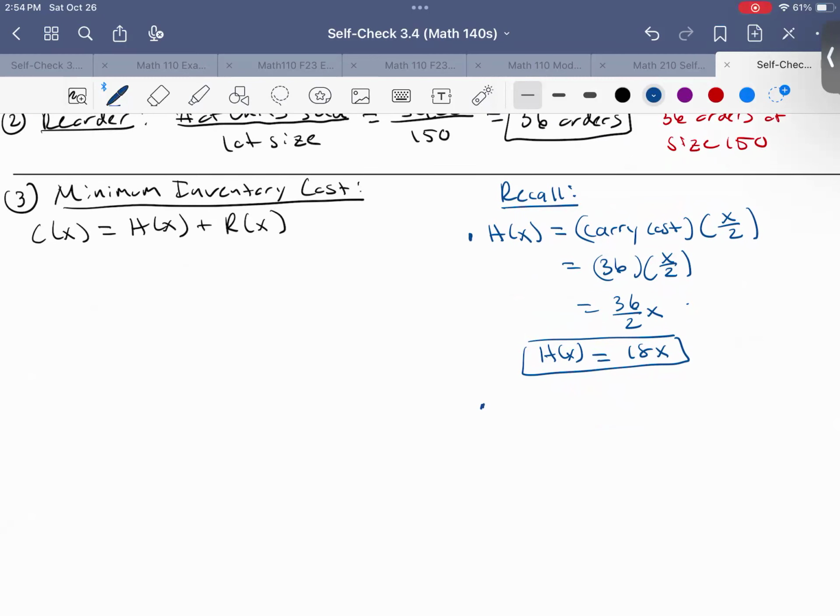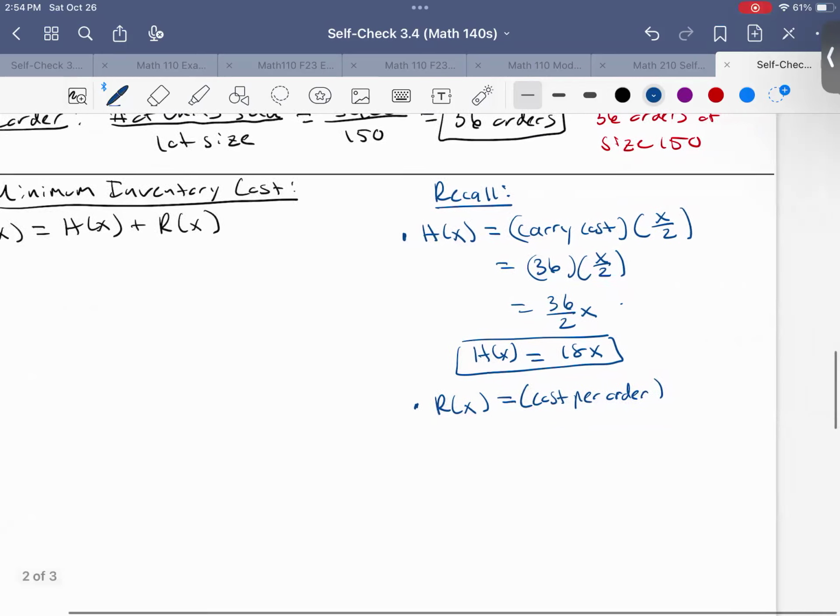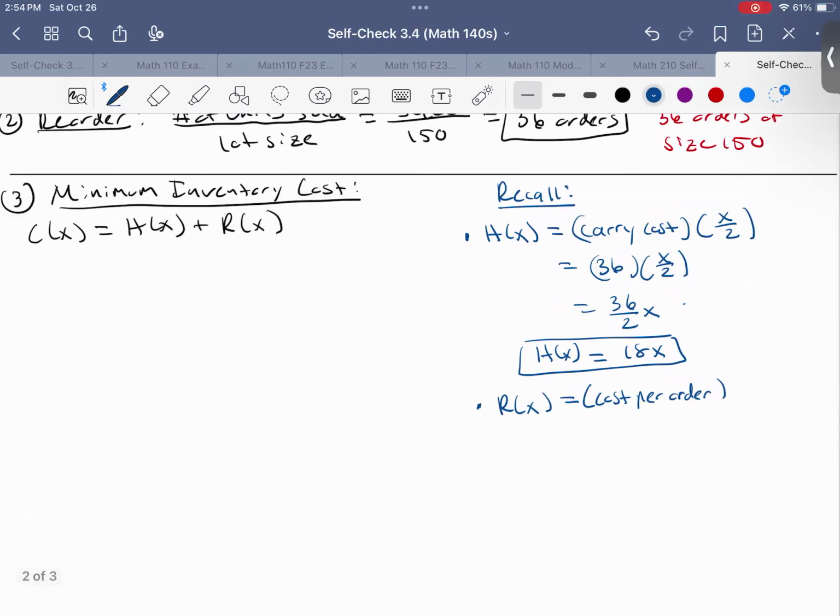So now what about our reordering? Reordering is cost per order times number of units sold divided by our lot size.